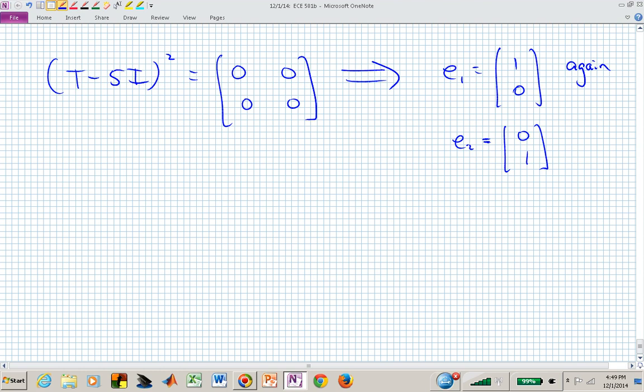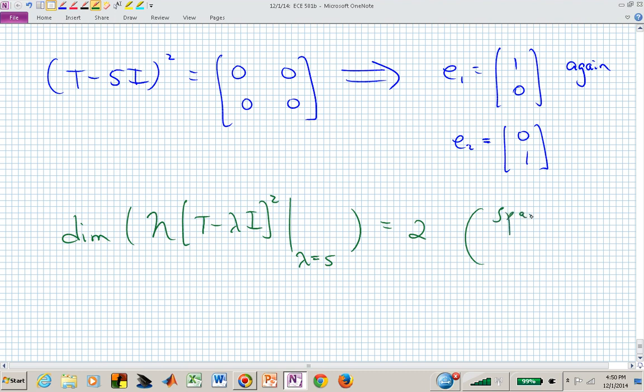Where now the dimension of the null space of T minus lambda I squared, with lambda equal to 5, ends up being how big? 2.